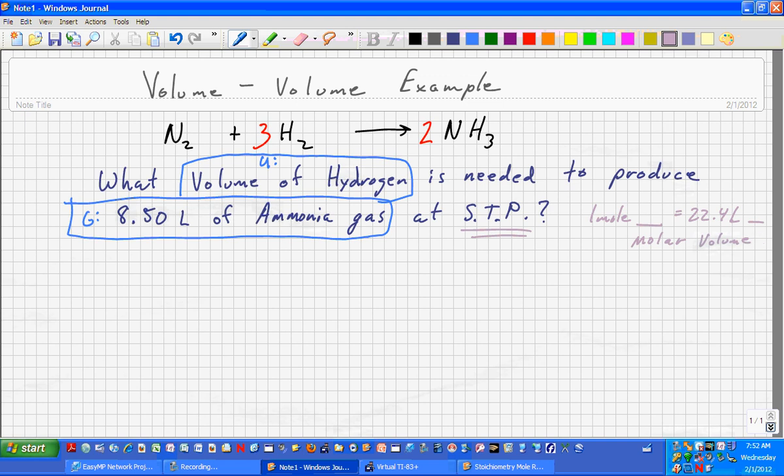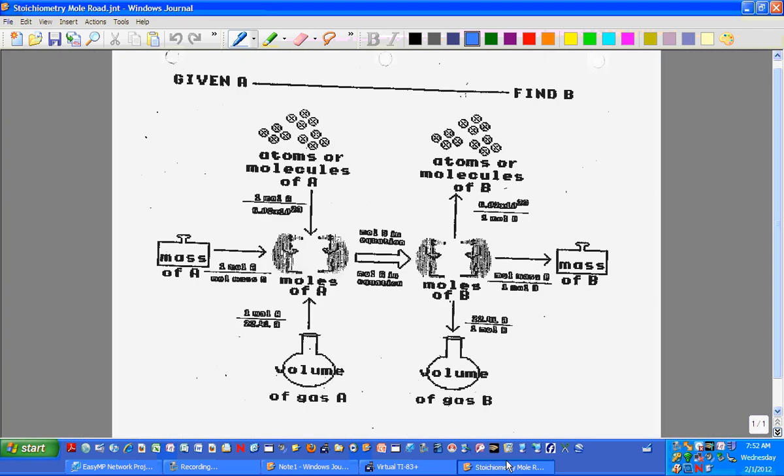Before we go ahead and get going on the problem, let's get a little plan going here. We can use our mole road. We know that we've got ammonia, that's our given, and we're trying to get to liters of hydrogen, so that's our unknown. So we're going to follow this path here. We're going to go from volume of nitrogen, or excuse me, of ammonia.